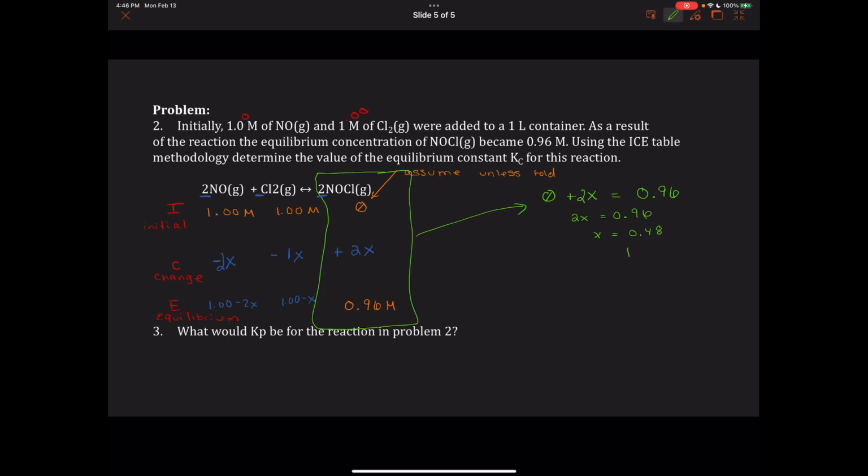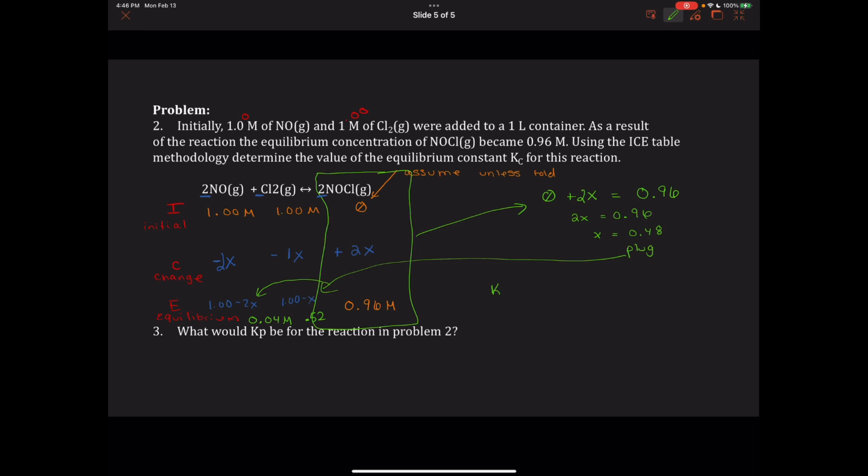We're going to plug this back into my ice table where I have x. So 1 minus 2x, that's going to give me 0.04 molar. 1 minus x is going to give me 0.52 molar.